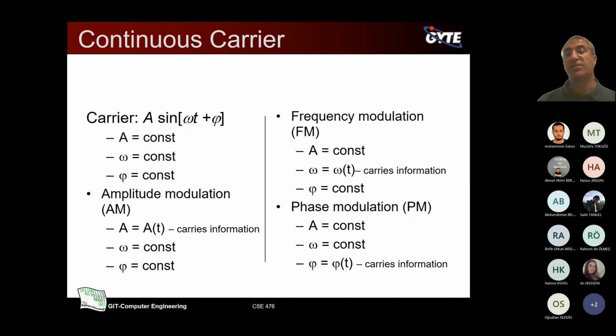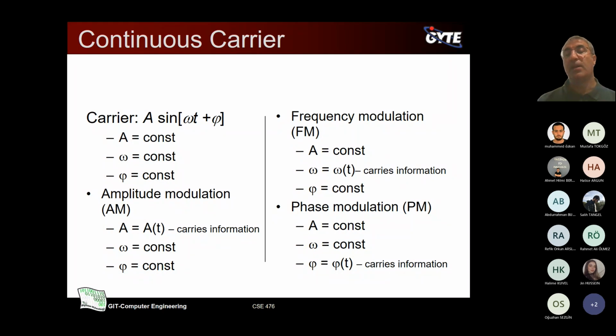And the other one is the frequency modulation. In this type of modulation, you keep the amplitude and phase constant. We just play with the frequency that is going to carry information. So in other words, you put each of your information bits on top of a different frequency.